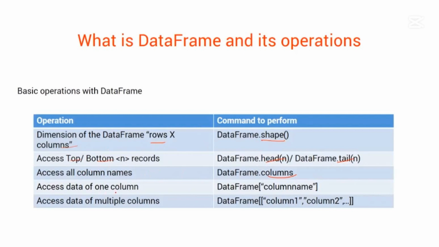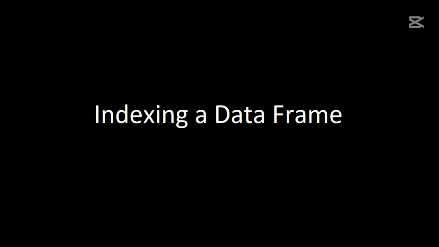Also, to access a particular column, we can use square brackets with the name of the column that we want to access. In order to access multiple columns, we need to pass the names of the columns inside a list. So this is the list which can access column 1 and column 2 data. So this was all about the data frames and its basic operations.